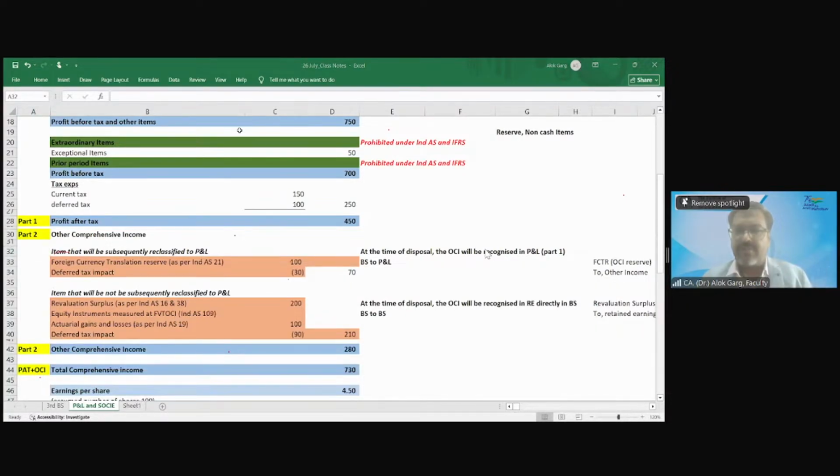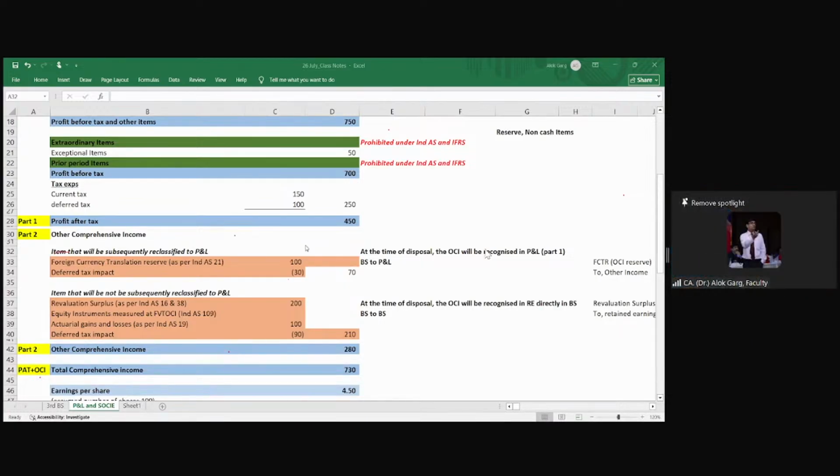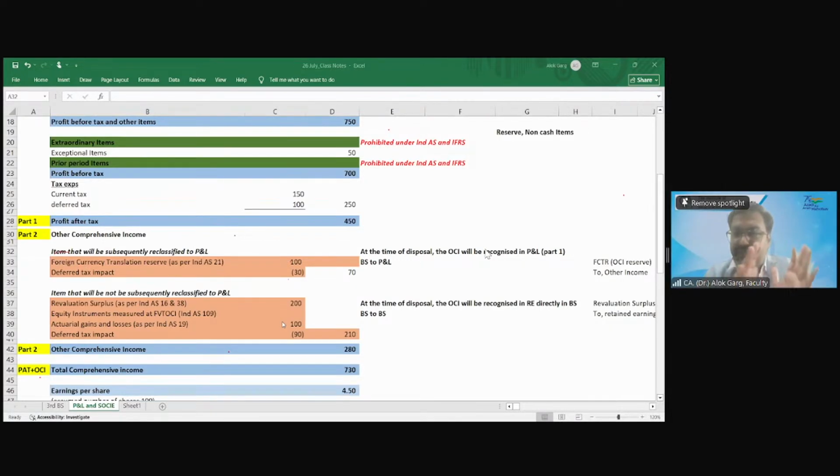You prepare your consolidated financial statements every year, yes or no? Yes, sir, on every reporting date. So if you have a foreign subsidiary, every year you are consolidating the foreign subsidiary. So every year you will have a foreign exchange gain or loss, and with that gain or loss, you will create a foreign currency translation reserve, and there will be a separate OCI reserve.